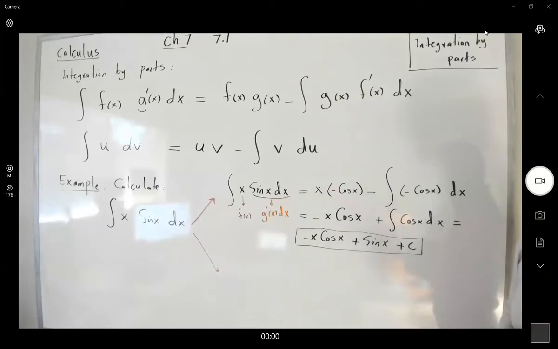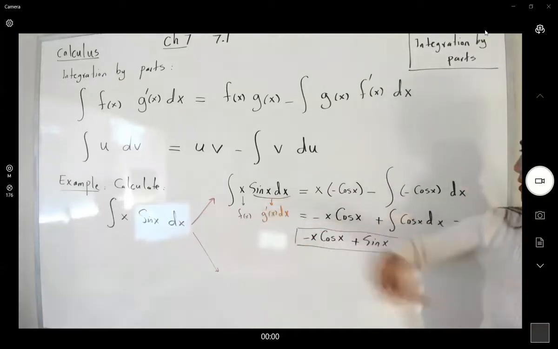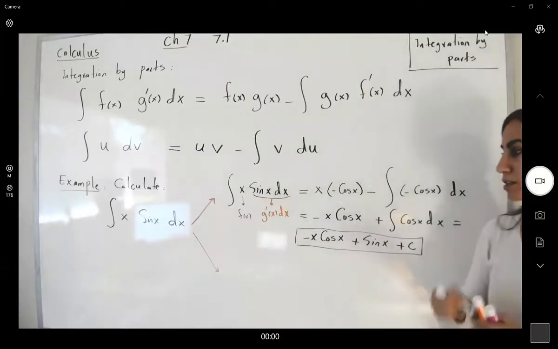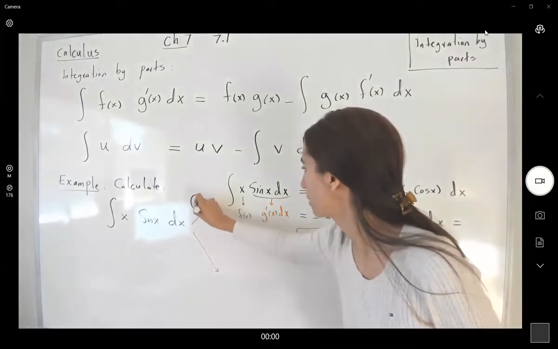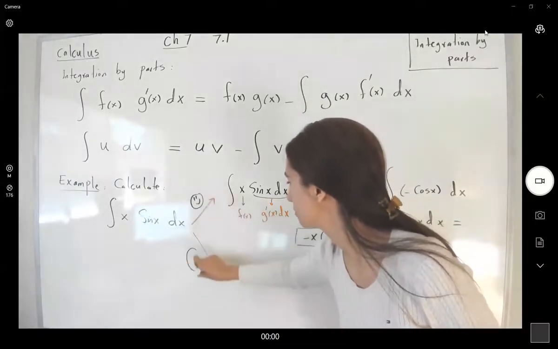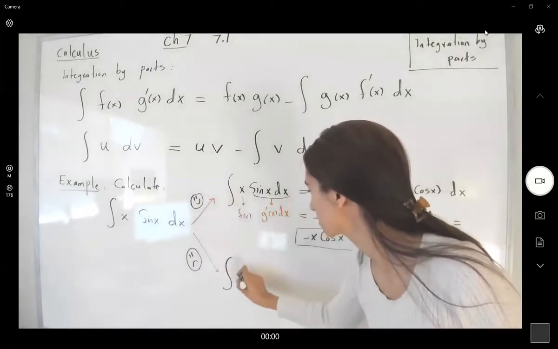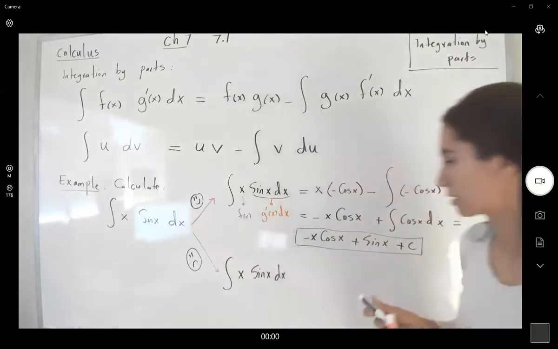However, if you say your f of x is sine and your x is g prime dx, let's see what happens. You get a more complicated integral this way. So this is, let's put the happy face here, sad face here. The integral of x sine x dx.